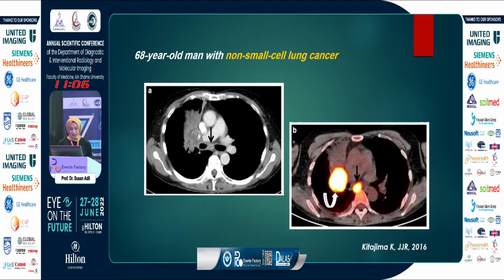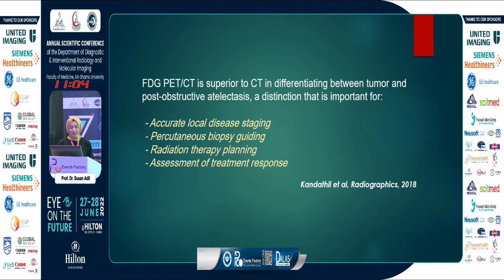A similar case. So FDG PET-CT is superior to CT in differentiation between the tumor and the post-obstructive atelectasis, which is very important for accurate local disease staging, percutaneous biopsy guiding, radiation therapy planning, and assessment of treatment response.